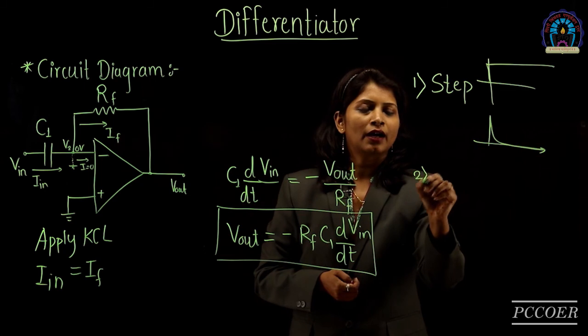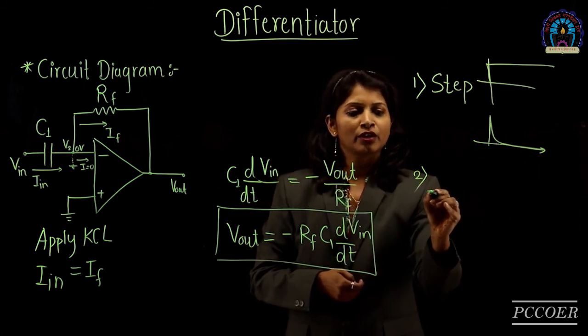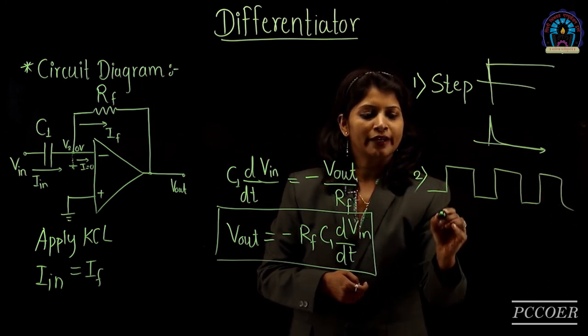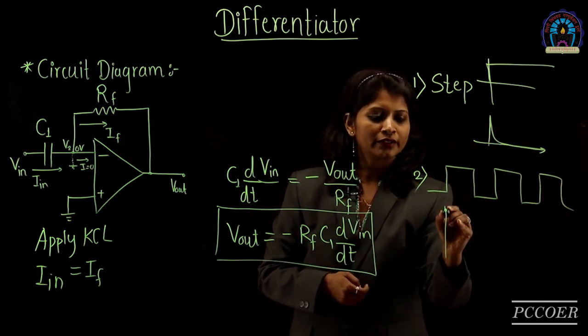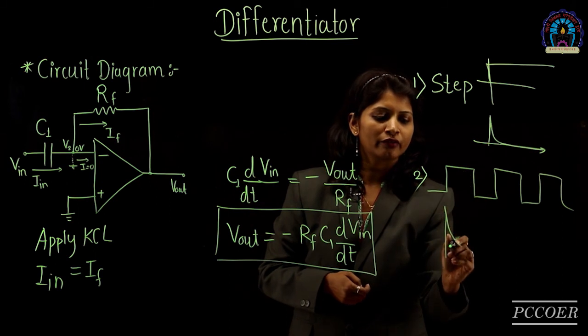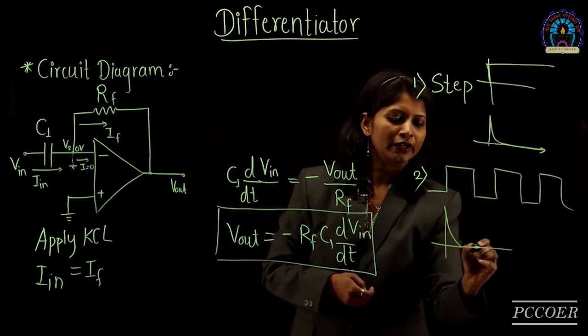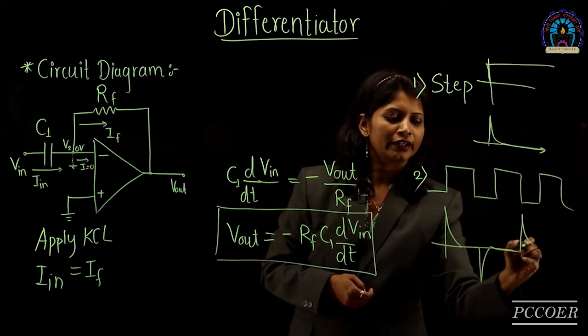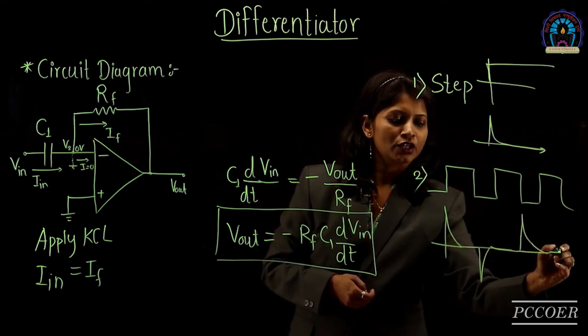Similarly, if we apply a square wave, then we will get a train of spikes. For the positive square wave, there will be a positive going spike. For negative, there will be a negative going spike. So in this way we will get a train of spikes for the square wave input.